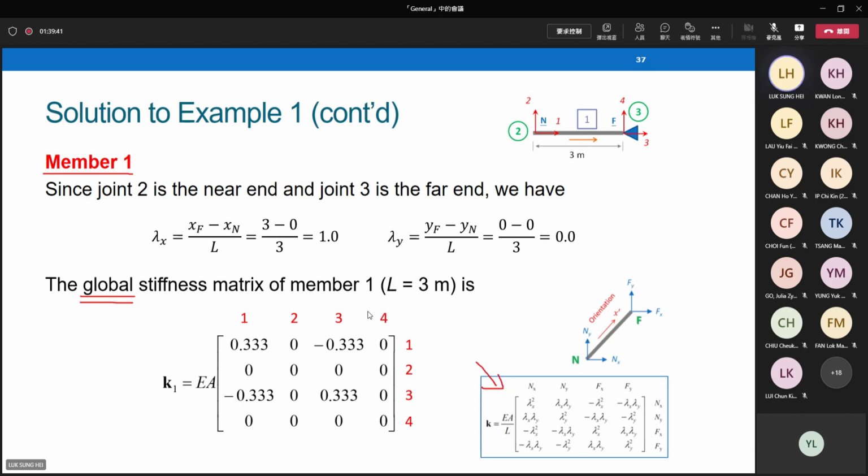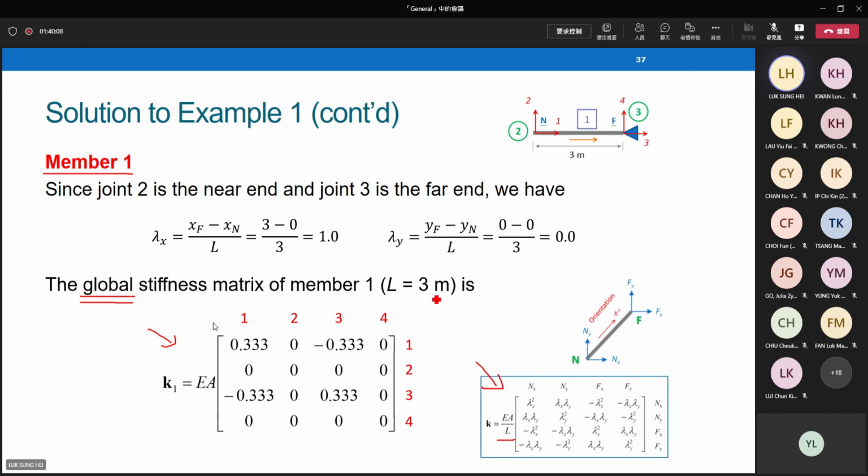I extracted from the previous sections the element matrix that we derived in section 4, right? Lambda A squared. When I do the calculation, you can see that in the equation we extract A over L outside the matrix. But in this answer, you can see that I moved the L inside the matrix.